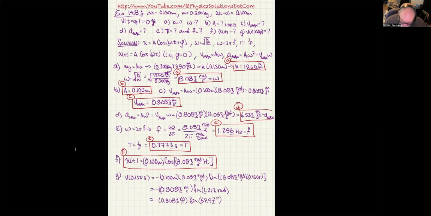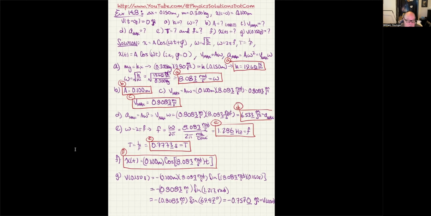That gives me 0.9365 times negative 0.8083, and that gives me negative 0.7570 meters per second is V of 0.150.